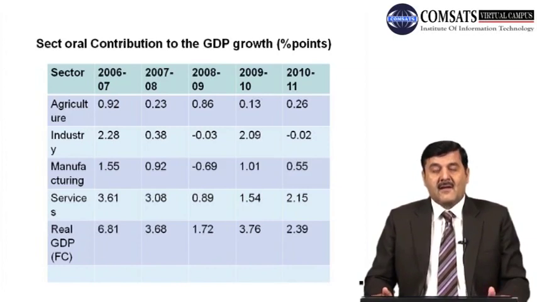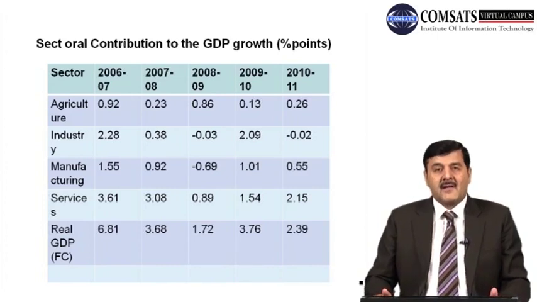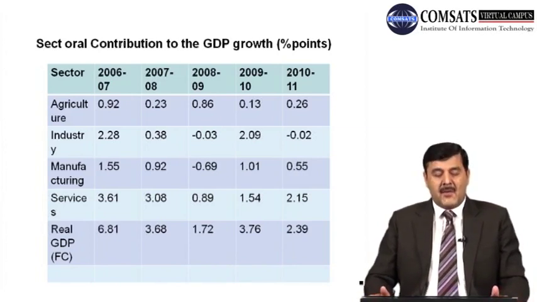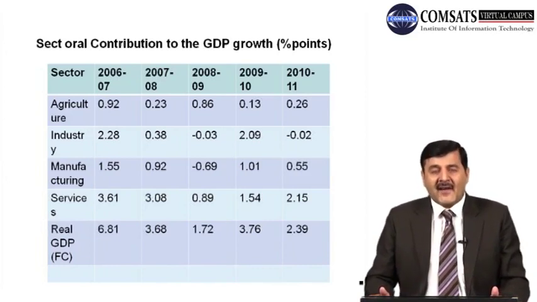So the industrial contribution was 2.28%, and manufacturing contribution is 1.5%. Service sector contribution was 3.6%.